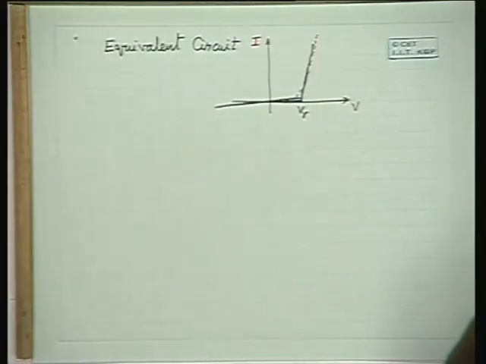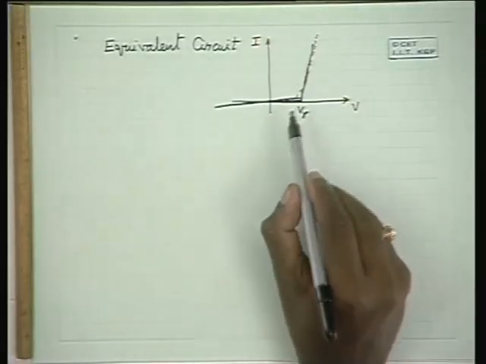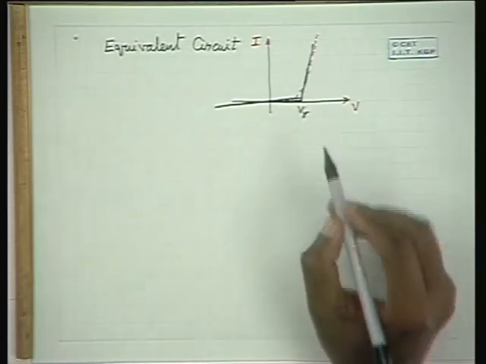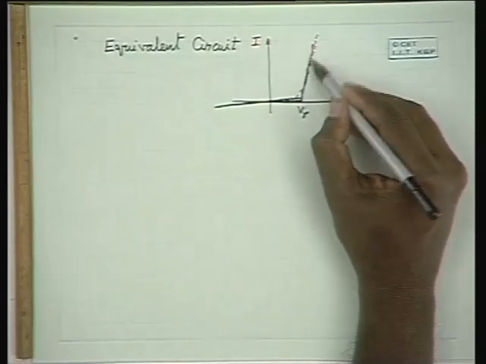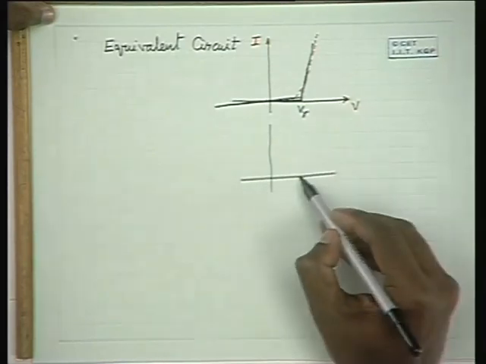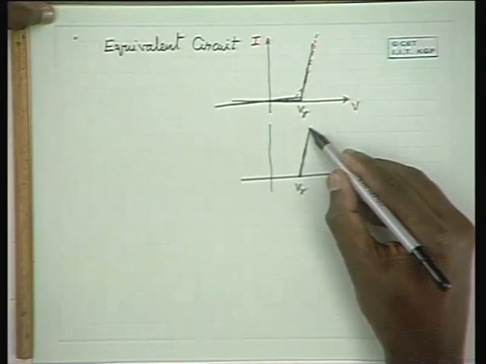Without piecewise linearization, it is a nonlinear device, and you cannot represent it by voltage sources, resistances, etc. Now, once you linearize it, you can represent it by resistances and voltage sources. For instance, you take this branch of the characteristics with this line. Let me reproduce it here.